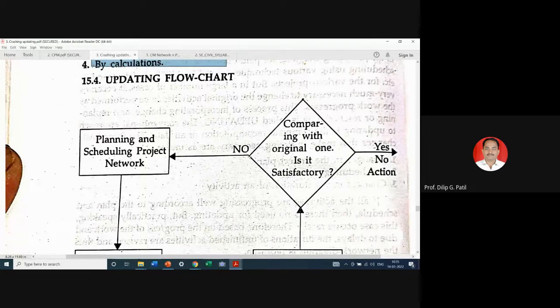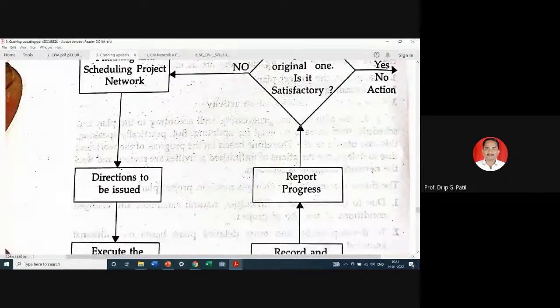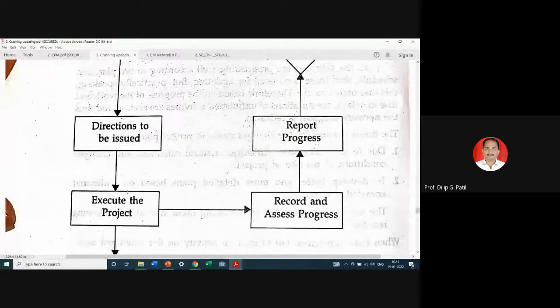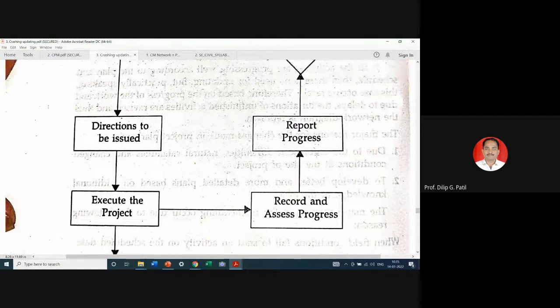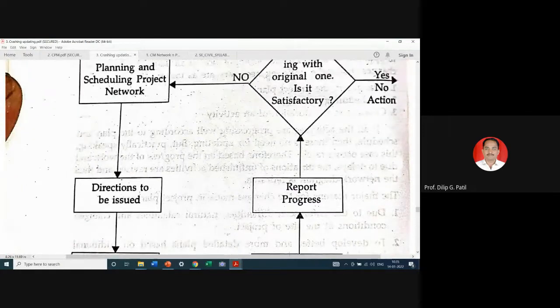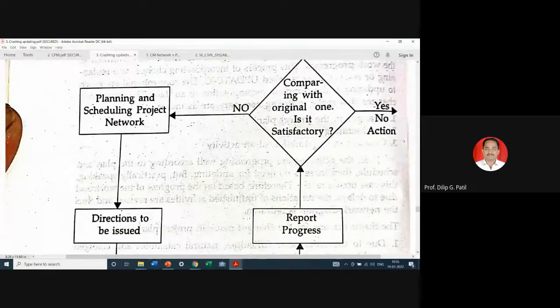If the answer is no, planning and scheduling the project network, directions to be issued, execute the project, and again रेकॉर्ड अँड असेस प्रोग्रेस, रिपोर्ट प्रोग्रेस, त्या पद्धतीने परत चेक करावं लागेल. Whether in the next review we will see whether the progress is satisfactory.